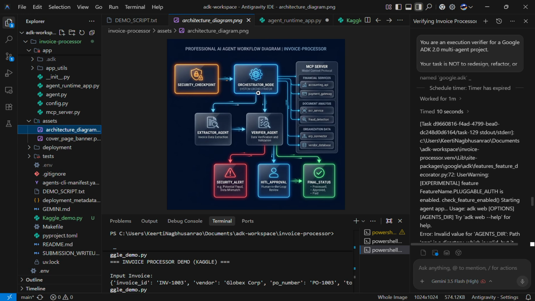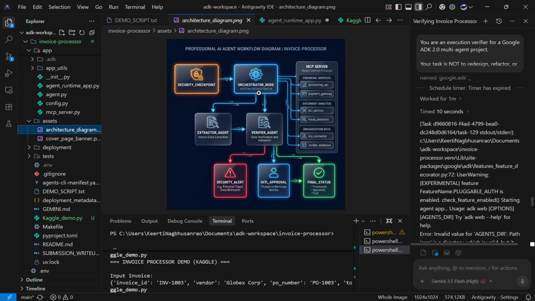Next comes the orchestrator node, also called the system orchestrator. If the input is safe, it moves to the orchestrator agent. This agent doesn't do heavy reasoning by itself. Instead, it coordinates the workflow and delegates tasks to specialized agents.